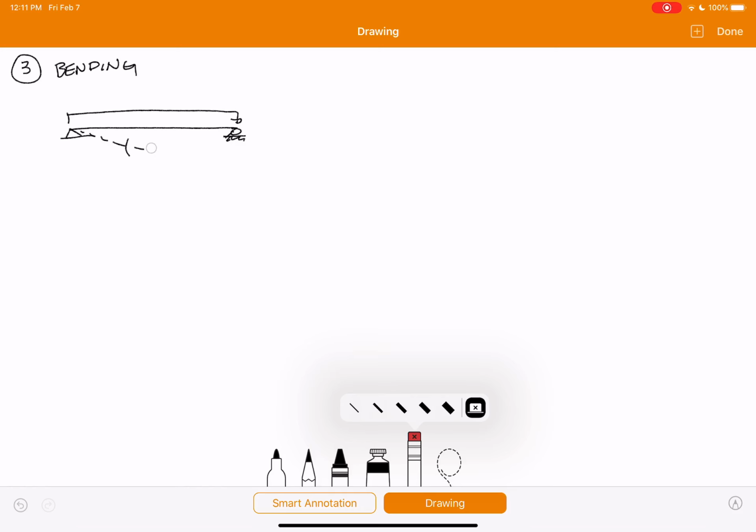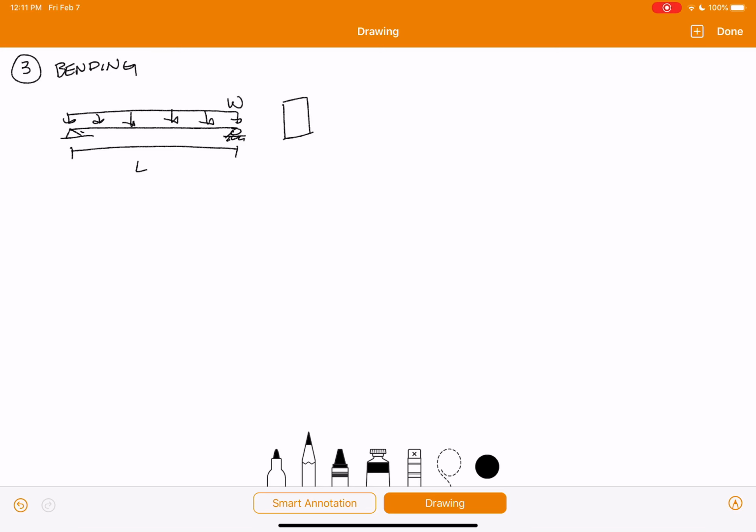So if we've got some distributed load, this beam will have some length to it, and we'll also have to know the cross section of this beam. So it'll have some base and some height.